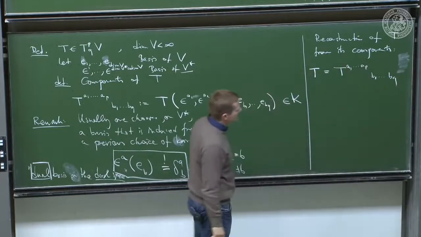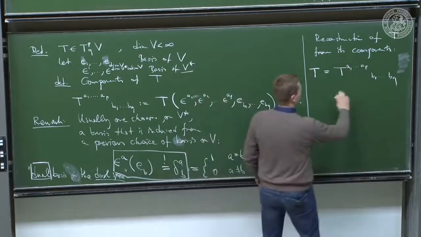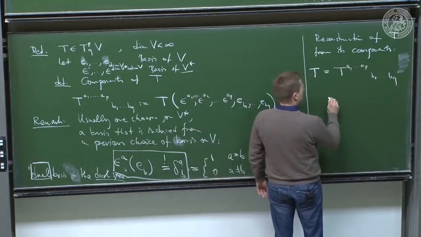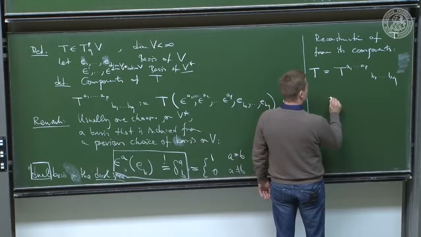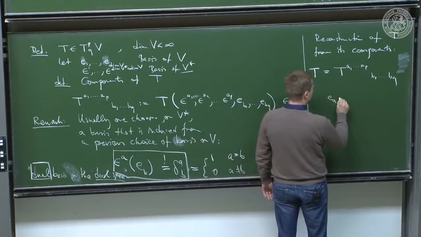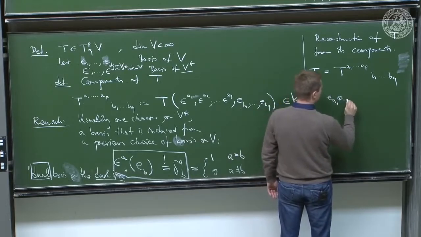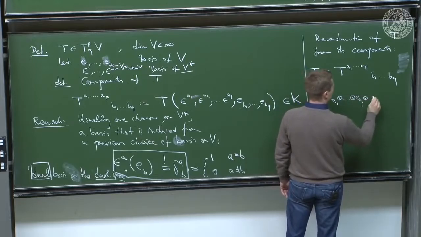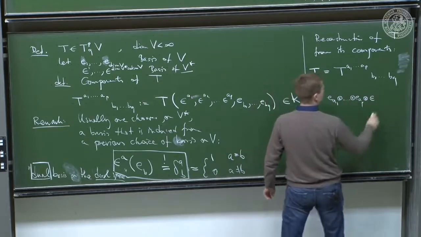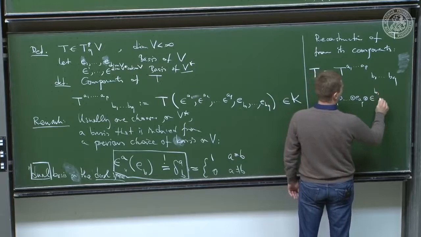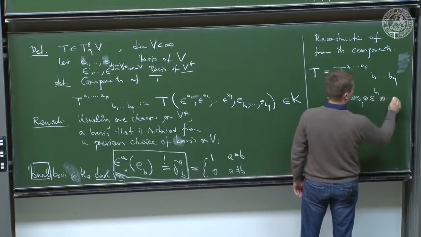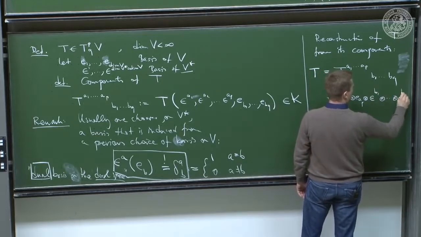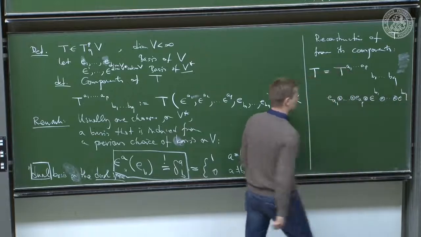It's actually the tensor multiplication in the tensor space. Anyway, and then I write down e_{A1} tensor ... tensor e_{AP} tensor epsilon^{B1} tensor ... tensor epsilon^{BQ}.